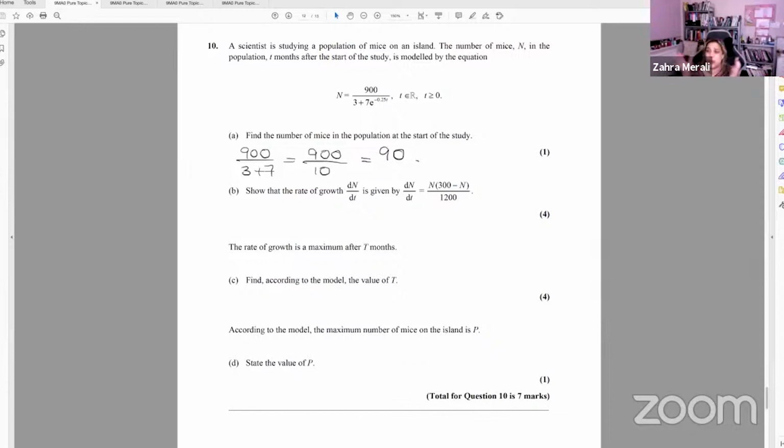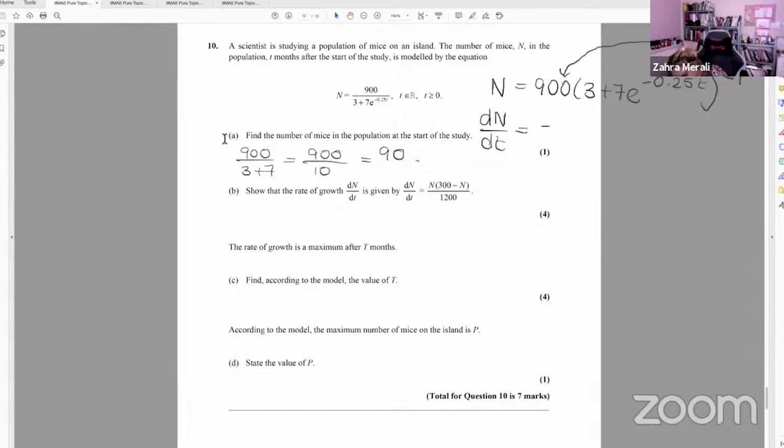Now this is not the quotient rule. You don't have a function at the top and on the bottom. You can simply rewrite this as 900 times (3 + 7e^(−0.25t)) to the power of minus 1. You're not dividing one thing by the other. This is not the quotient rule, okay? So dN/dt, you bring the minus 1 down.